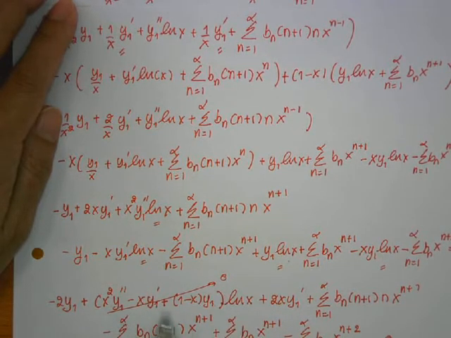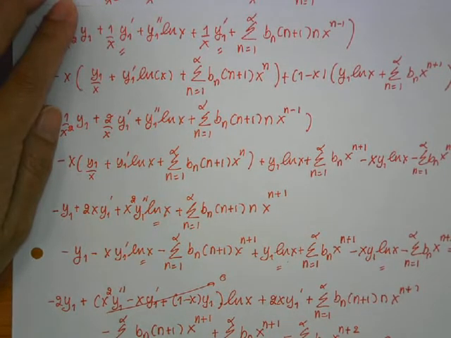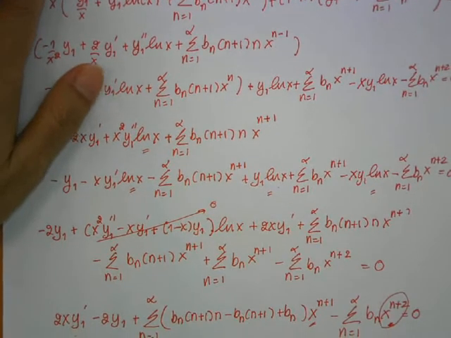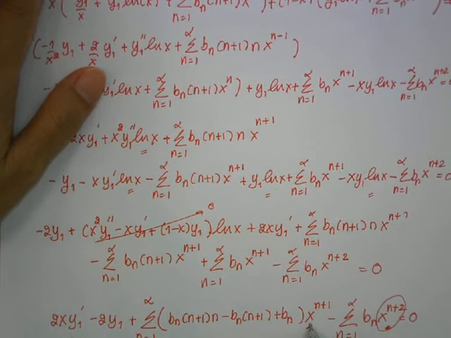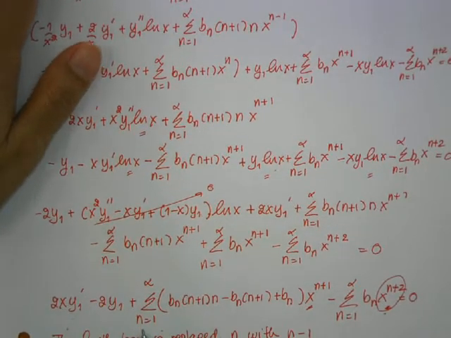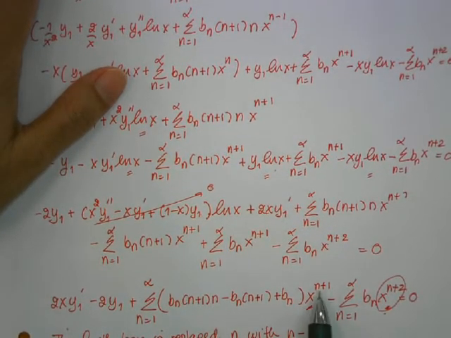And then after that, I rearrange the differential equation again and try to combine the terms together. But these two terms, I just cannot combine them right away, although their n value is starting from the same n. I still cannot combine them because the index of each term is still different.